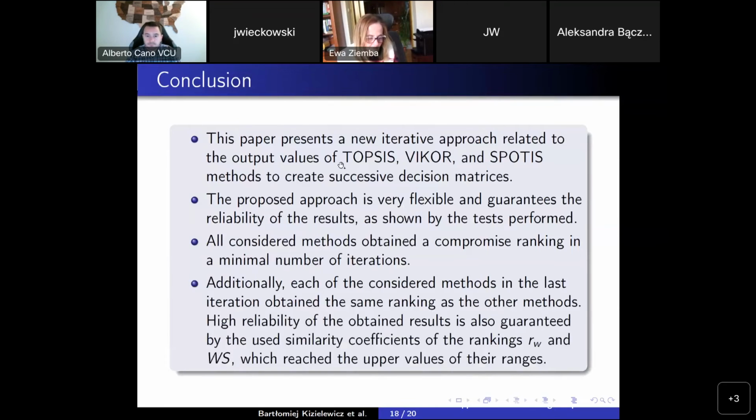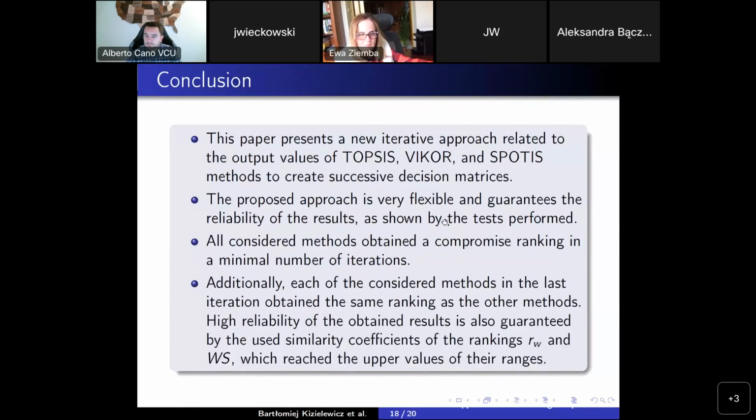And the conclusions from the research: the proposed methodology allows for flexible usage and guarantees the reliability of the results as shown by tests performed. We can show that by the 5th iteration, the results are the same between those methods.